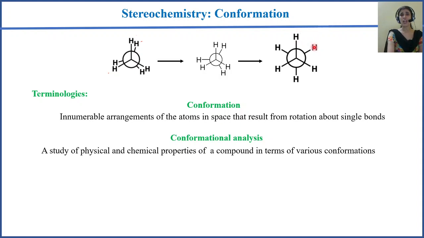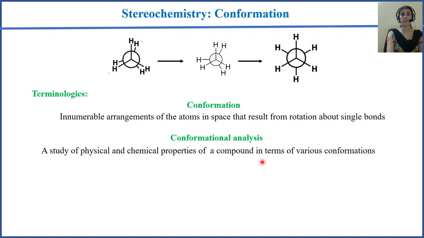So the possible conformations can vary in their properties. There are some physical and chemical properties by which we can differentiate different conformations, and the study of these physical and chemical properties of a compound is known as conformational analysis.